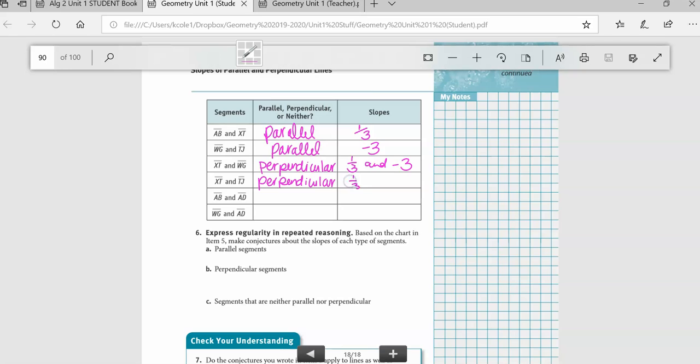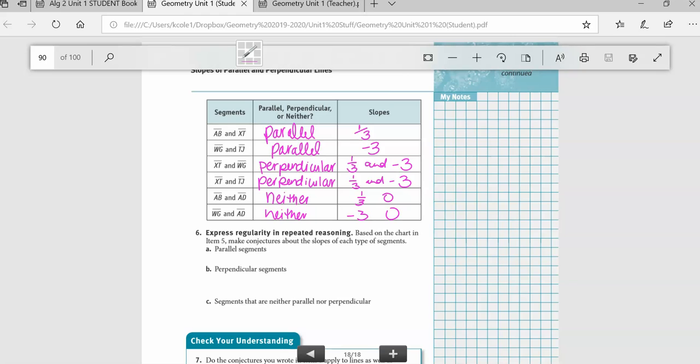Same thing, positive 1/3, negative 3. And then these are both neither. If you looked at those, you would have seen they are neither parallel or perpendicular. This one's just 1/3 compared to 0, and then this one is 3 compared to 0. So that doesn't have a relationship that's parallel or perpendicular.